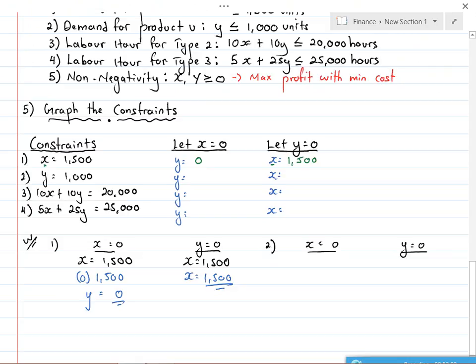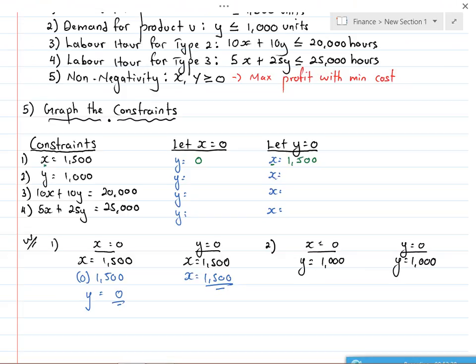So now, here going to be y equals to 1000. That's the equation that you have. Straightforward question. When you say x equals to 0, that means you're getting what?